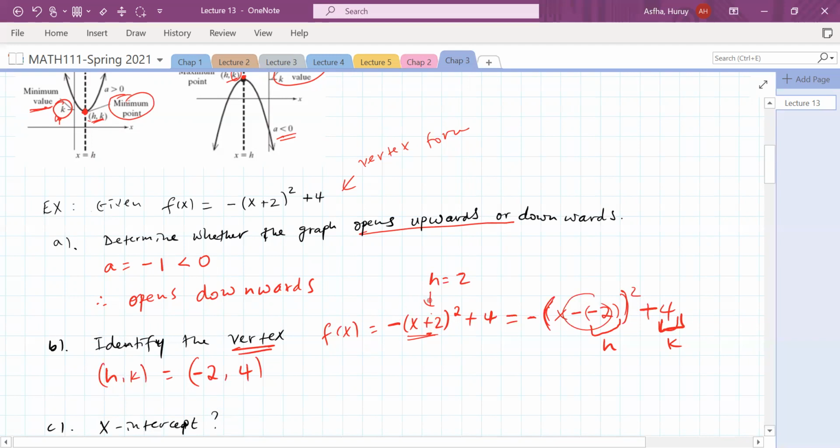If it is minus, then just take the positive of that. So always we take the negative of that number inside, which basically means the opposite of that. Here we have +2, and I pick -2. So this is the vertex.